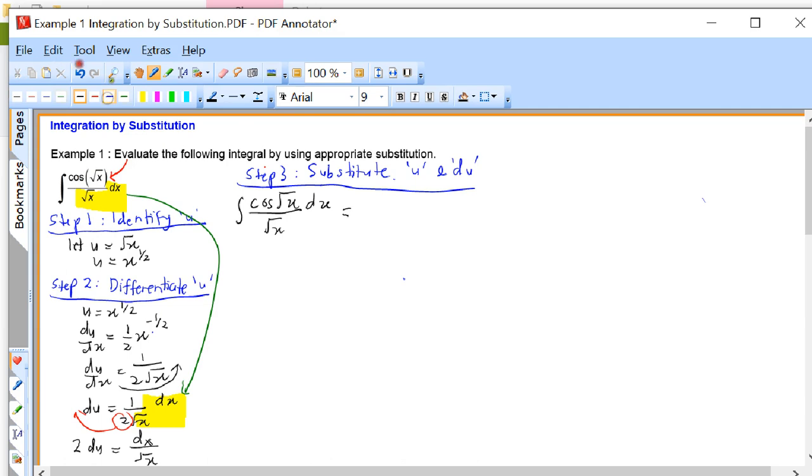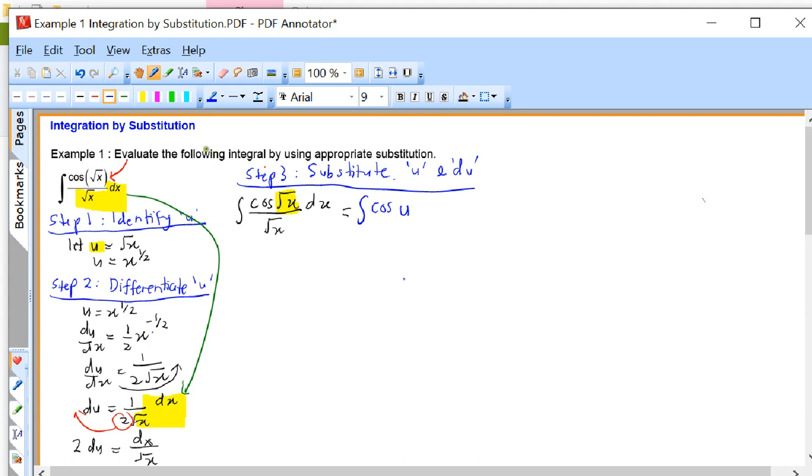So we have integrate cos. The cos function doesn't change anything because you didn't change the function itself, so it still remains as cos. And the square root of x here, you have changed to the u, because in the earlier step you let u equal square root of x. So since u equals square root of x, we're going to change the square root of x to u.